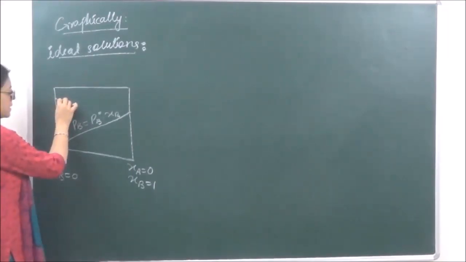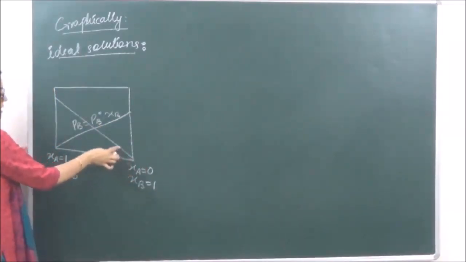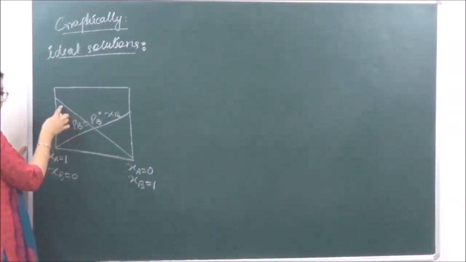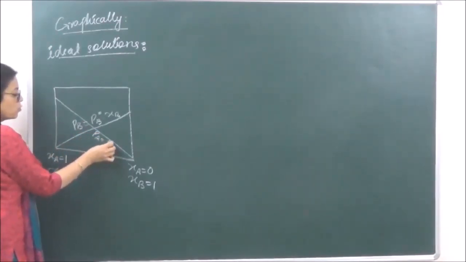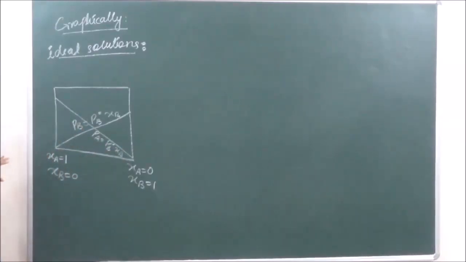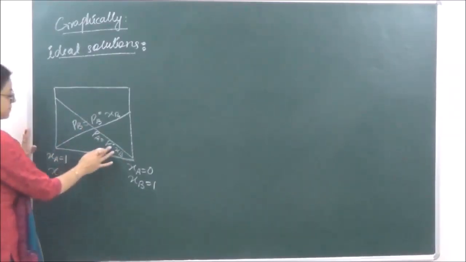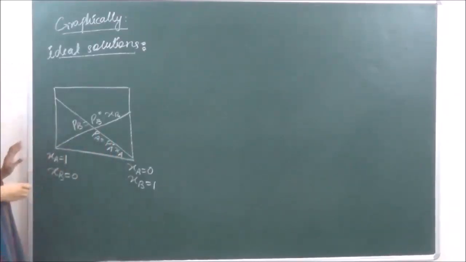Similarly, when XA is increasing, the partial vapor pressure of A is also increasing. So this becomes PB is equal to PB naught into XB. Sorry, PA is equal to PA naught into XA.